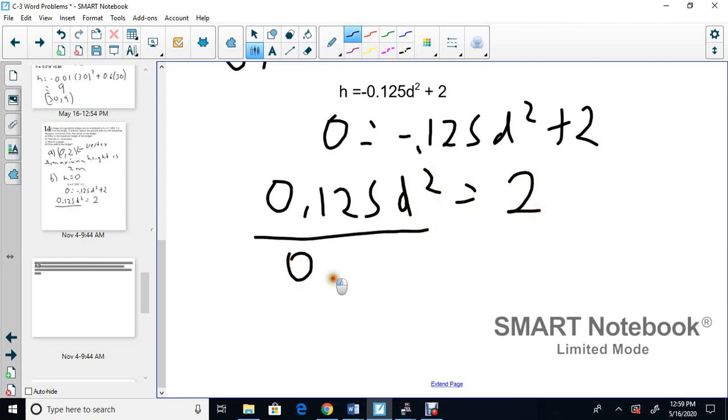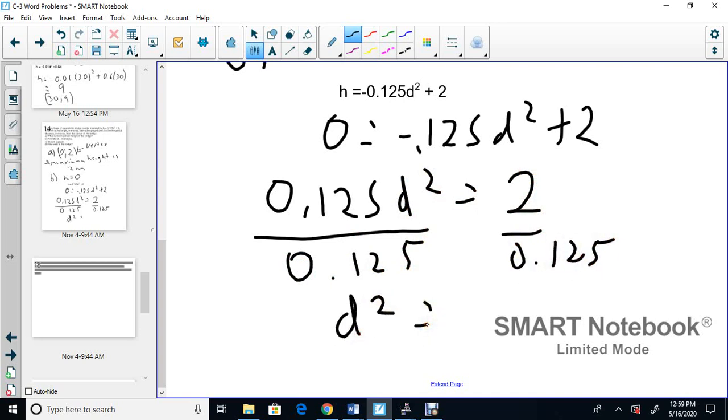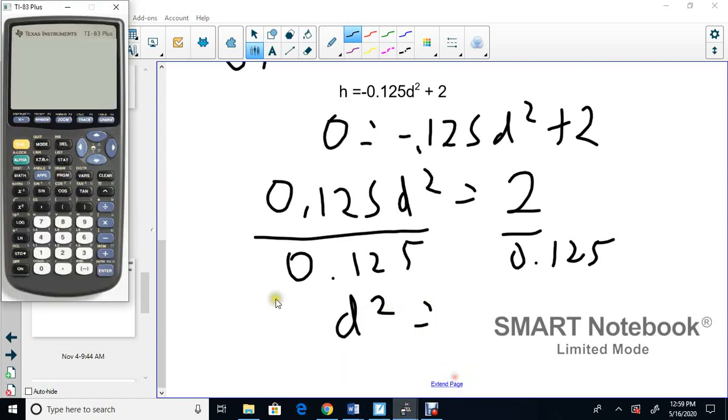You divide by 0.125, divide by 0.125, and d squared equals, let's go to our calculator, 2 divided by 0.125. We'll try that again. 2 divided by 0.125 is 16.